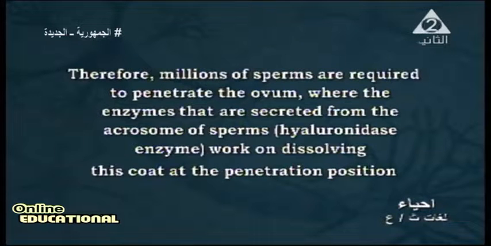Therefore, millions of sperms are required to penetrate the ovum. The number of sperms may reach 300 to 500 million. These sperms penetrate the ovum by secreting the hyaluronidase enzyme, which is secreted from the acrosomes of the sperm.